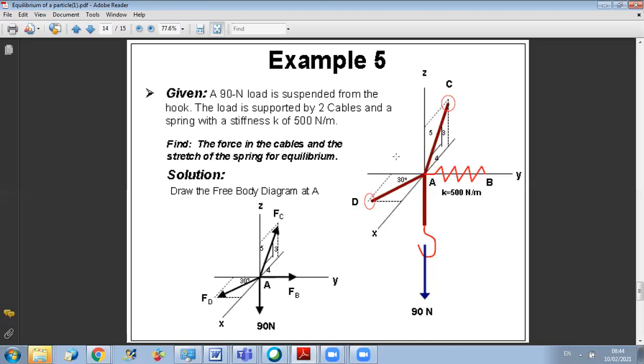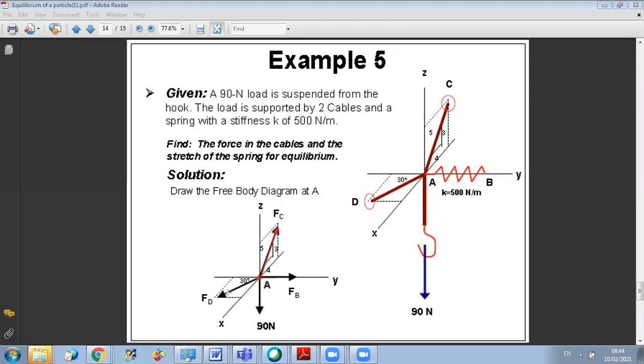So I have three unknowns: the force in AB, the force in cable C, and the force in cable D. But at least I know that my cables are in tension, so I know the sense of forces. They are directed from the point towards the cable because the cable is always in tension.